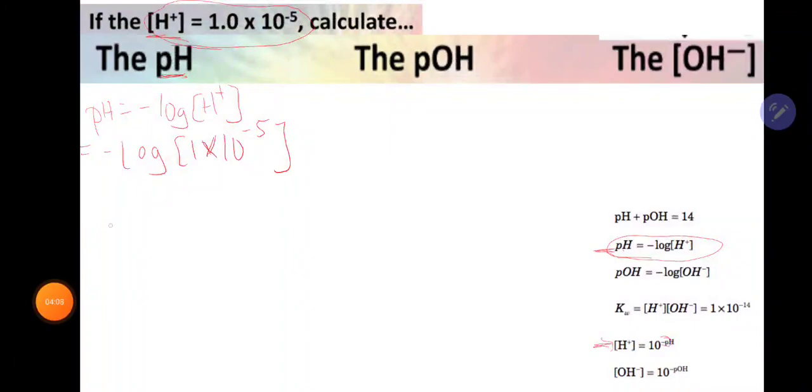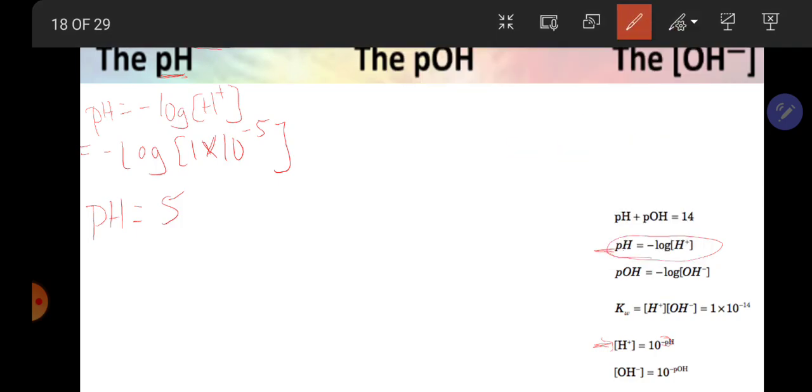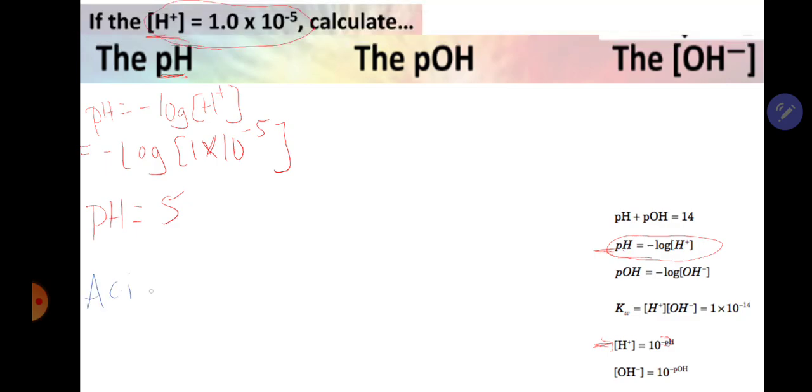And that equals 5. So that means that my pH is equal to 5. And if we remember, that means that our compound is acidic, because the pH is less than 7.